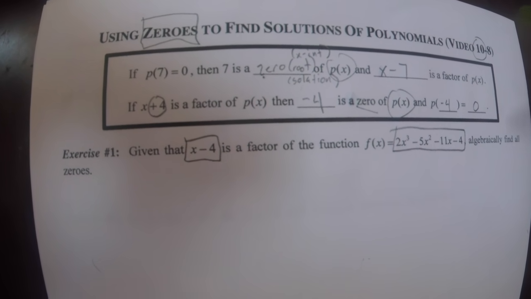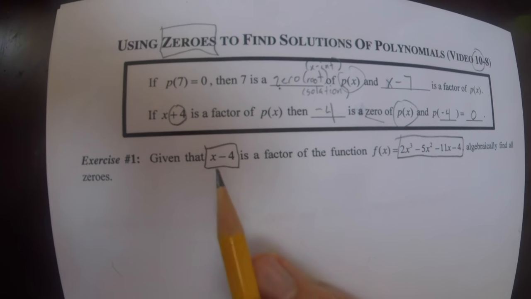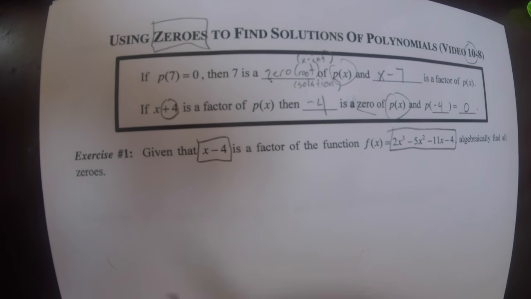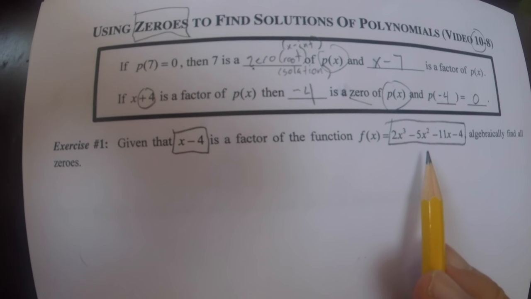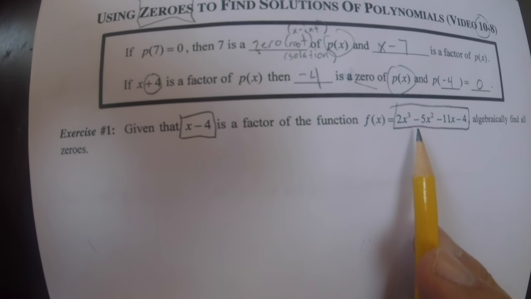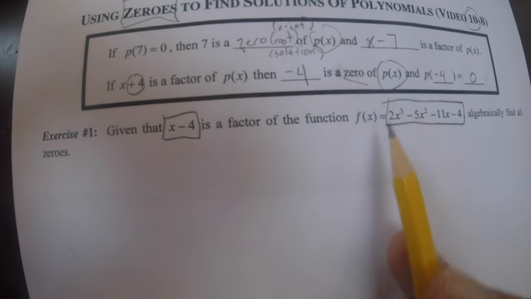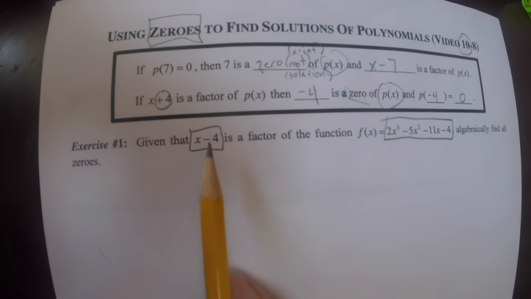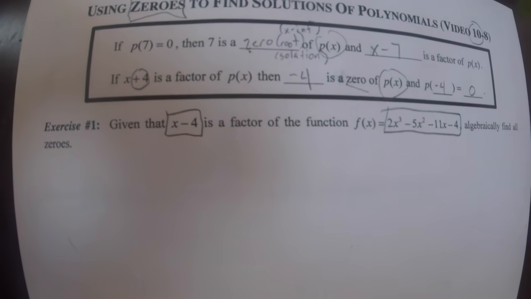Okay, so I have to find the other factor. What can I multiply x minus 4 times to get this function over here? Well, the way that I would find the other factor would be to divide. I'm going to take this function over here, divide it by x minus 4, and that's going to give me the other factor of the function f of x.